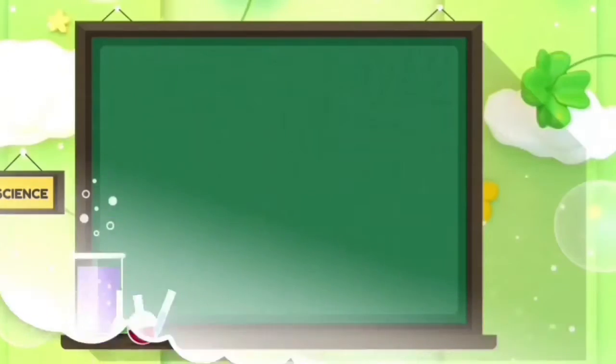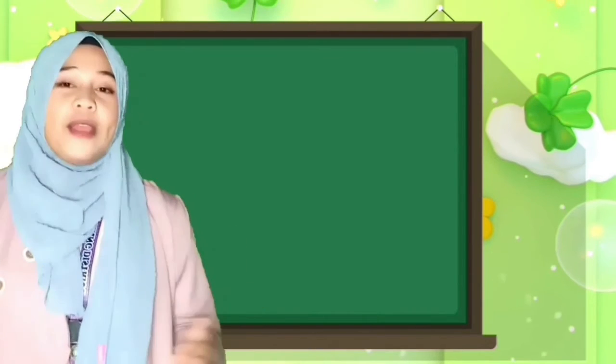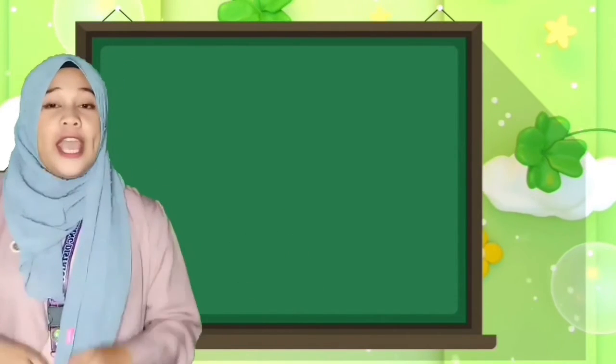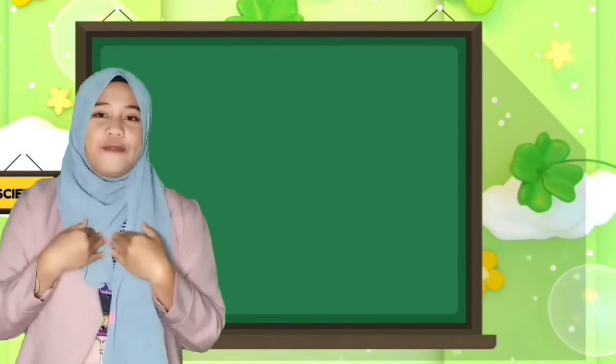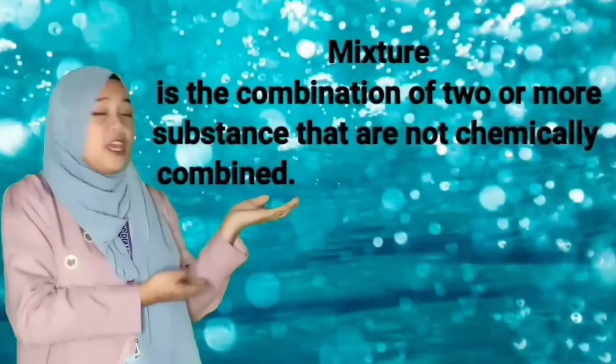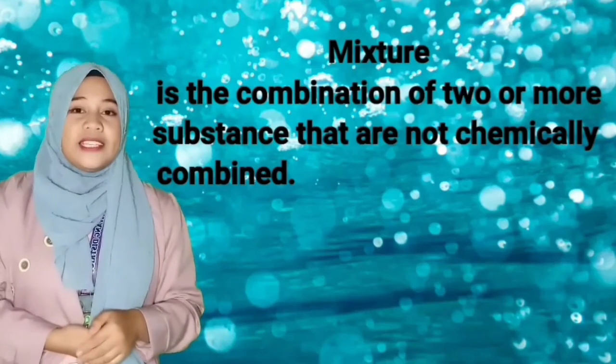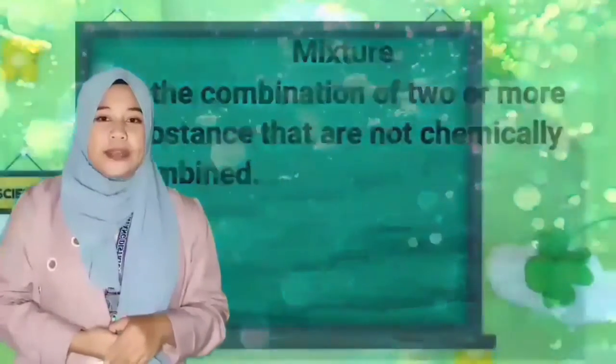Air is composed of nitrogen, oxygen, and other gases. Banana cue is composed of sugar, oil, and banana. To know more about mixture, let us read the definition of mixture, and I want you to read after me. Mixture is a combination of two or more substances that are not chemically combined.